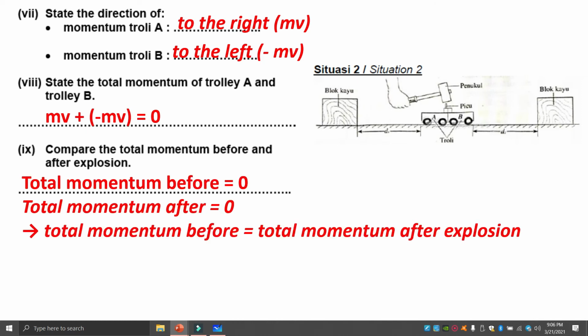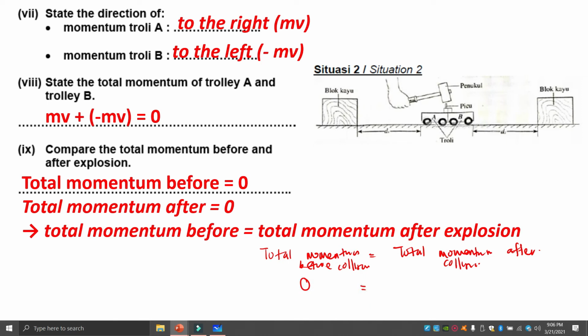So this one I will explain. Total momentum before collision, total momentum after collision. Before collision, both are at rest, so the total before collision is 0.